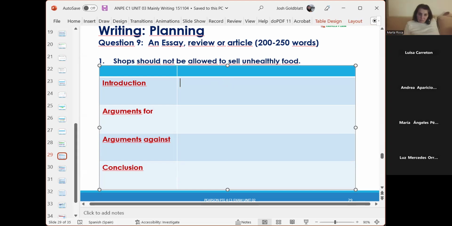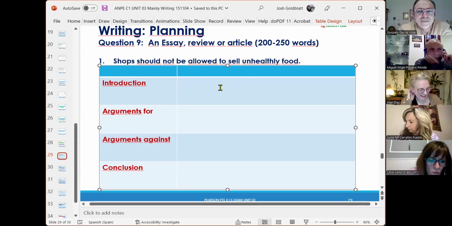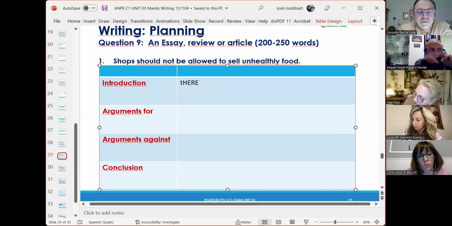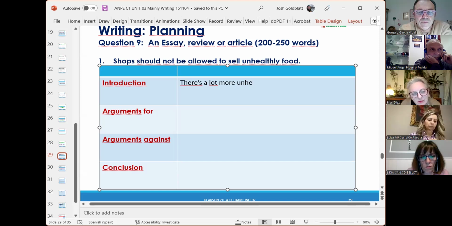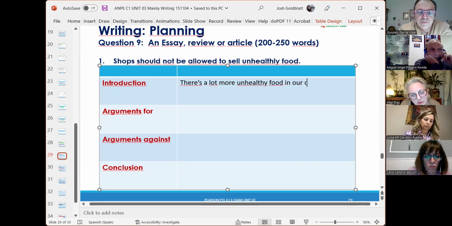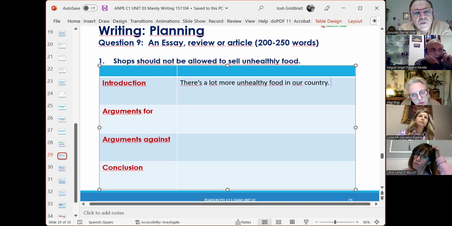Nowadays, unhealthy food has increased in our country. All right, so there's a lot more unhealthy food in our country. That's very good. And where do they sell it? Where do they sell the food?